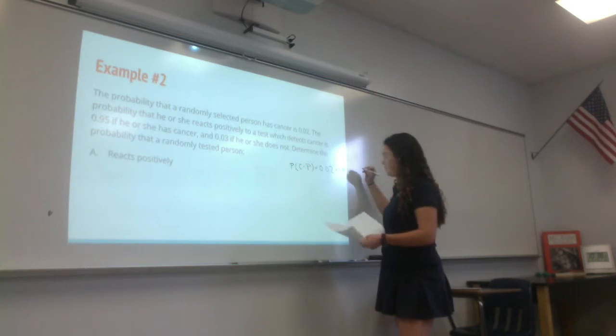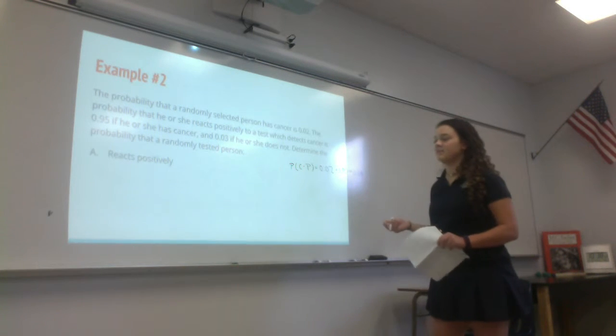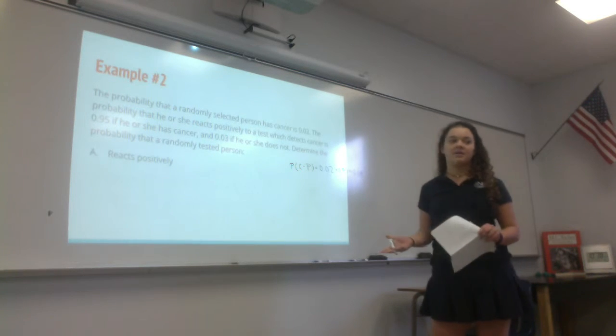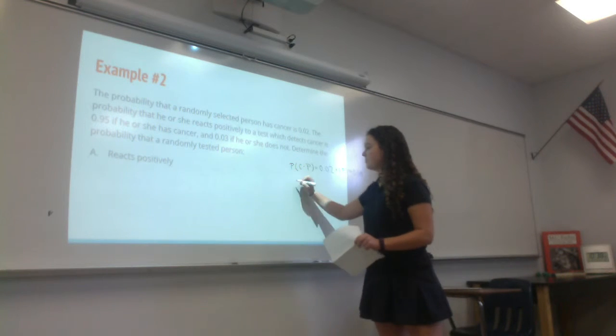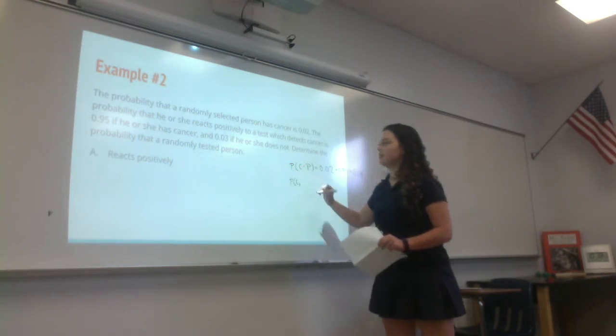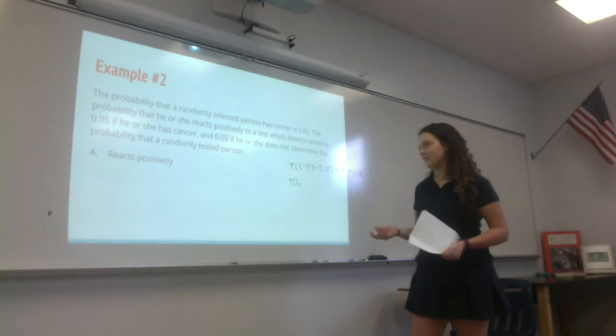And that's equal to 0.019. And then you have to find the probability that the person reacts positively to the test, but they don't have cancer. And so the probability of not having cancer, and we'll be using C prime to represent that, is 1 minus 0.03, and that's 0.97.